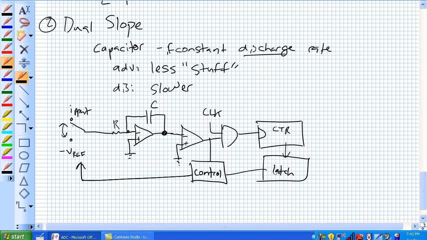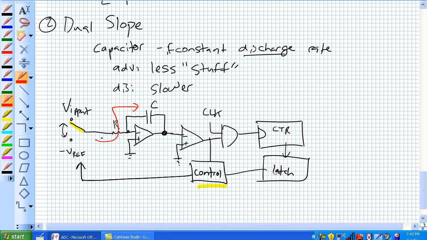And we go ahead and switch the control here. It goes ahead and says, okay, switch this thing to the input, V input. Okay, so now V input is going to cause current to flow and that capacitor is going to charge up, okay?